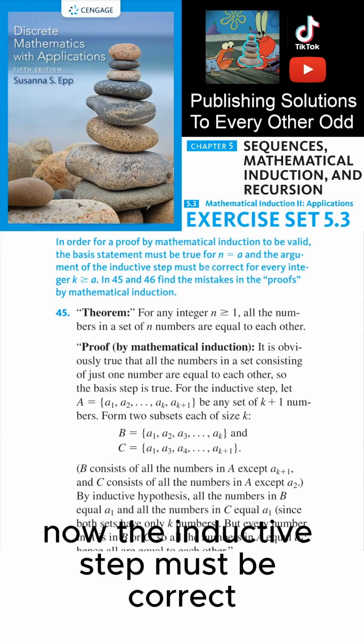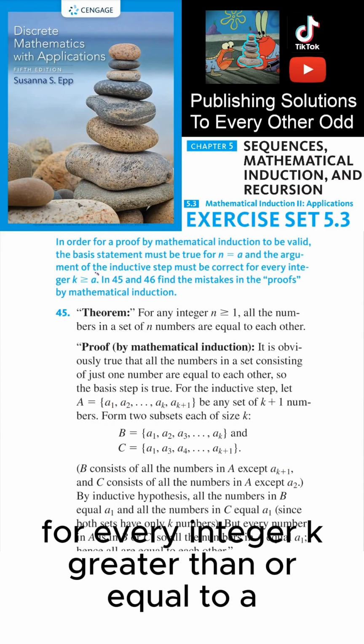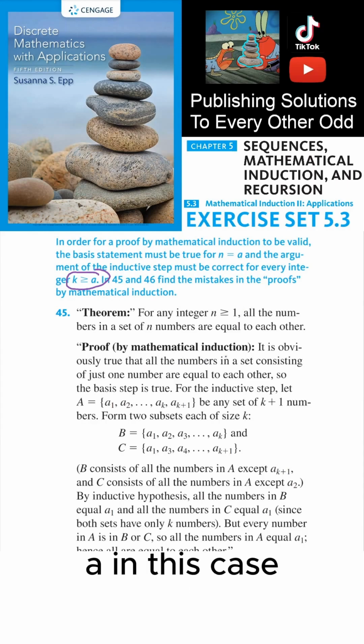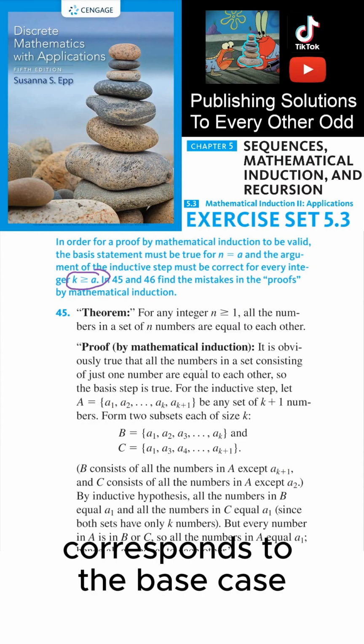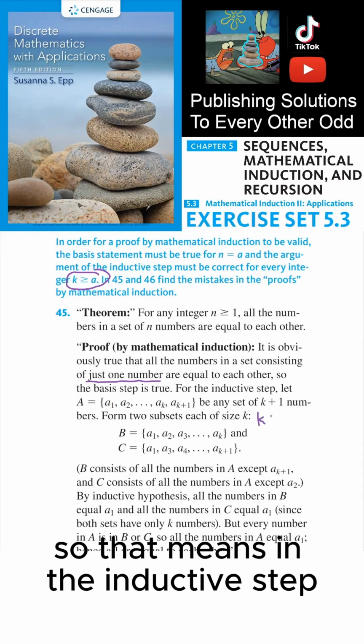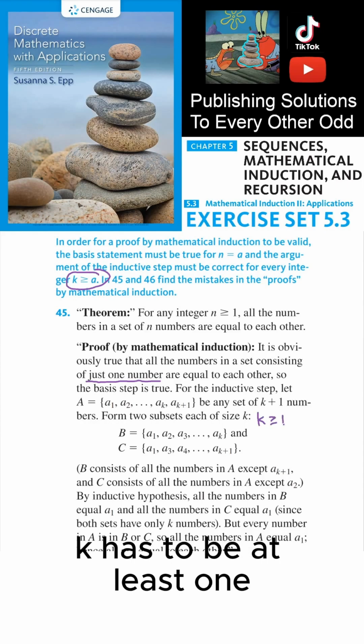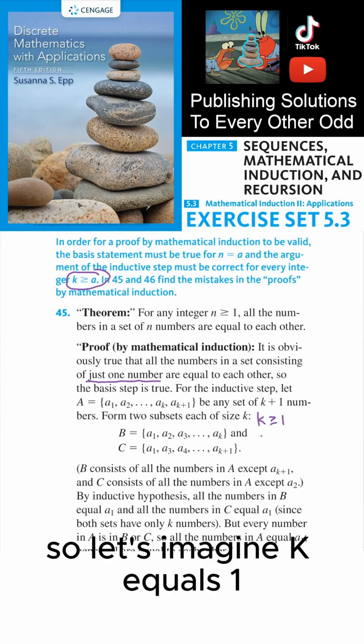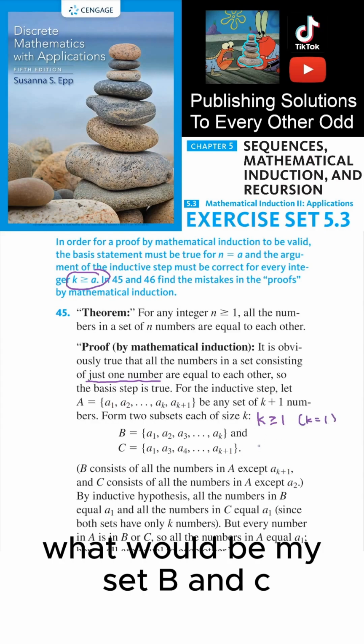Now, the inductive step must be correct for every integer k greater than or equal to a. A, in this case, corresponds to the base case, and the base case consists of a set containing just one number. So that means in the inductive step, k has to be at least 1. So let's imagine k equals 1. What would be my sets B and C?